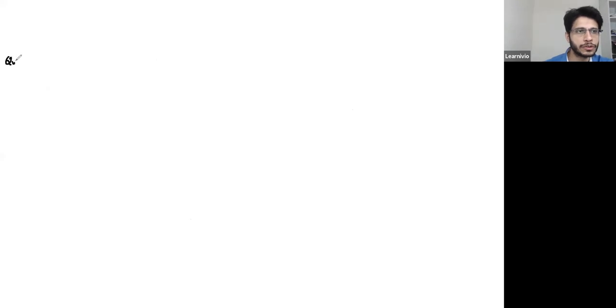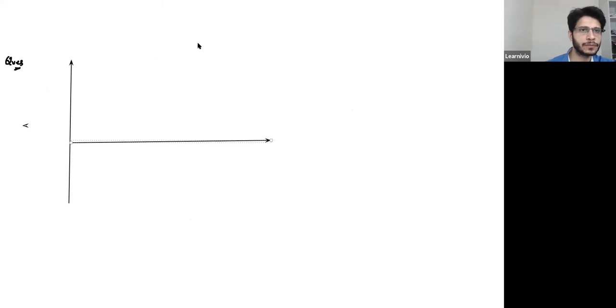Okay, now solve this question. So you have this force versus displacement graph. This is force and this is displacement. The graph is like this.